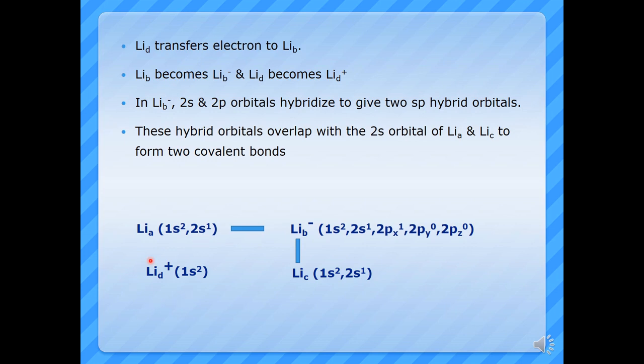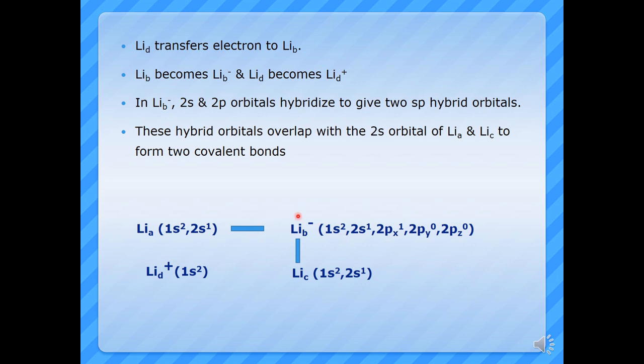Now if Lid donates its 2s electron to Lib, the Lid will become Lid plus with electronic configuration 1s2. Lib will now become Lib minus because it has one electron more. The electron donated from Lid is now occupied in the 2p orbital. So now you can see we have Lid plus ion and Lib minus ion.